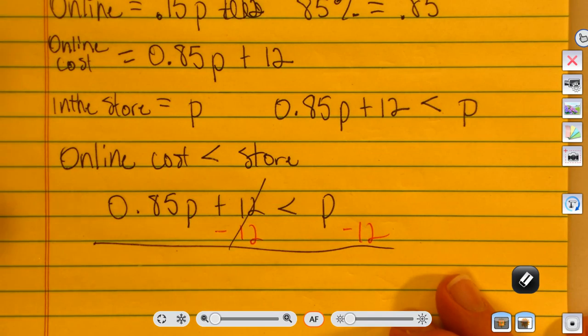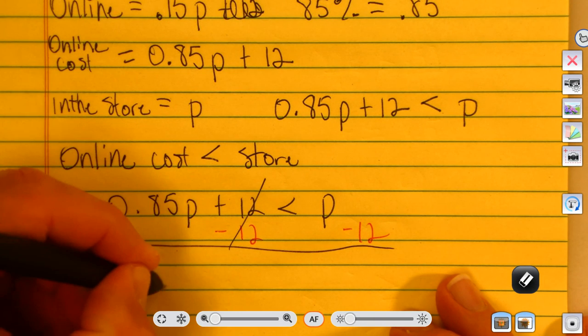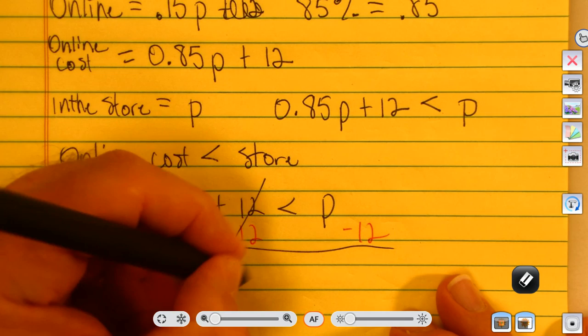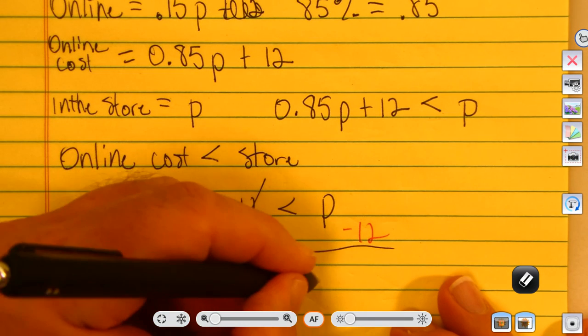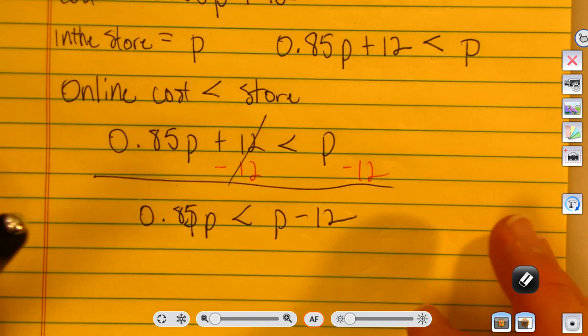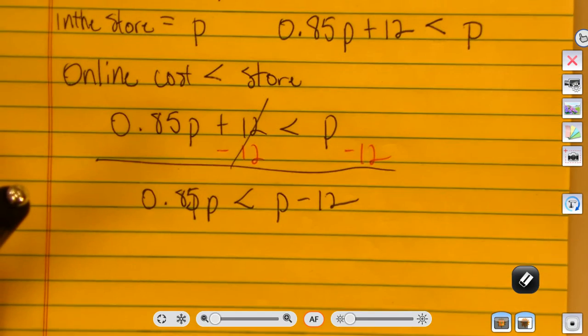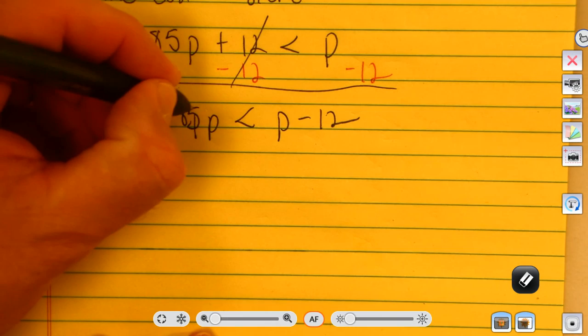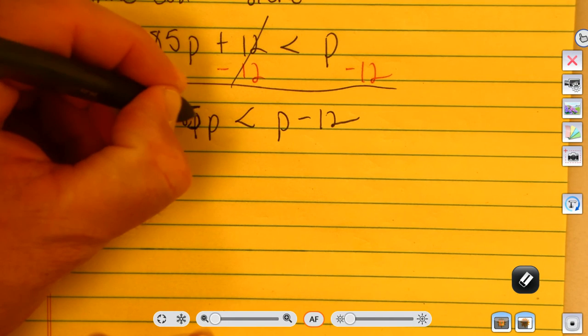And those cancel, so I'll be left with 0.85P is less than P minus 12. Okay? So if I made that step, which is fine. Oh, well, this is 0.85P.